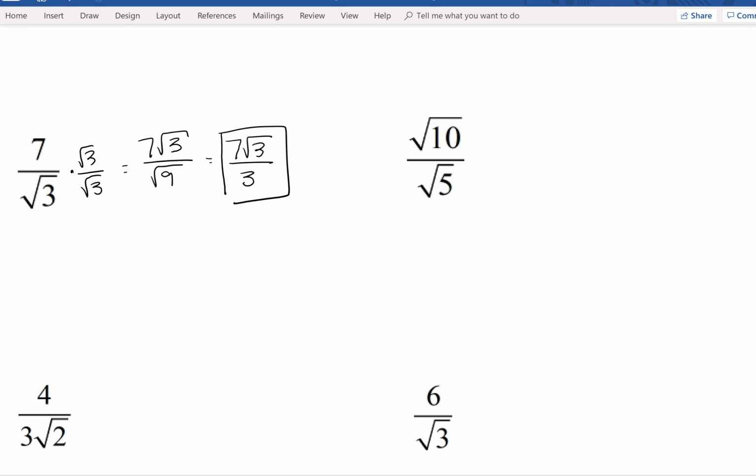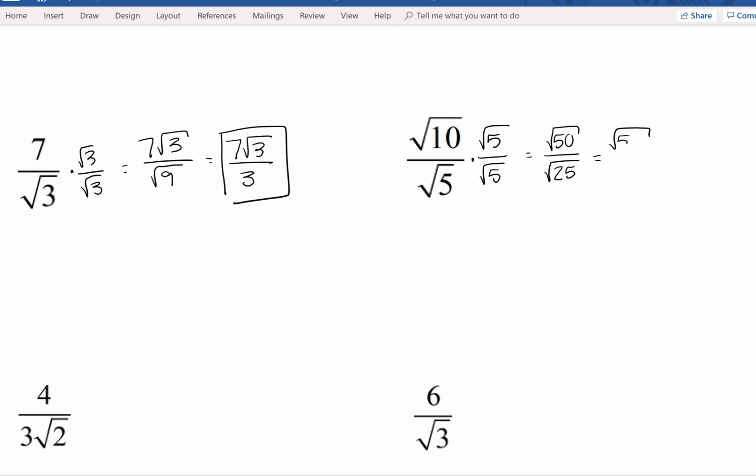Now this next one's a little bit different because it has a radical on the top and the bottom. So we're still going to do the same process. Except this time, since those are both in radicals, we can multiply them to get square root of 50. Square root of 5 times square root of 5 is square root of 25.